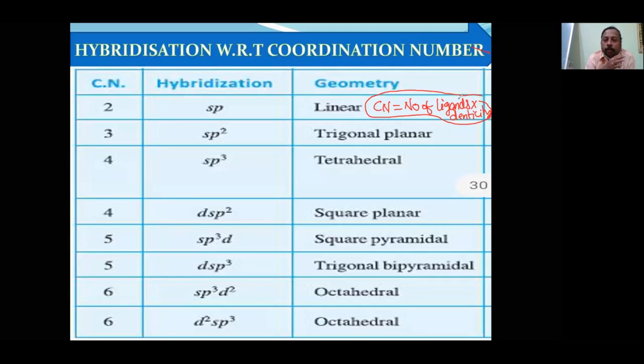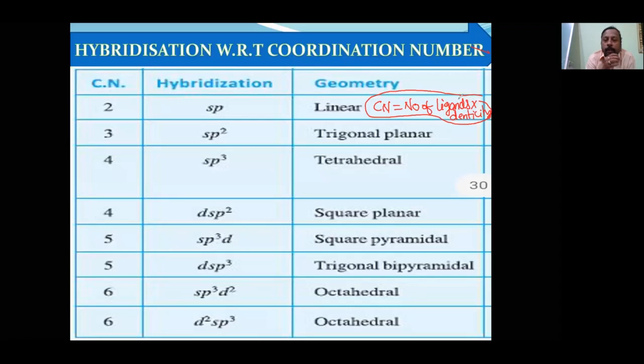First of all, monodentate or unidentate. Second one is called bidentate or didentate. Next one tridentate. Next one polydentate. Next one is called flexidentate. Flexidentate means its denticity is not fixed. It can change according to the substance to which it is donating.